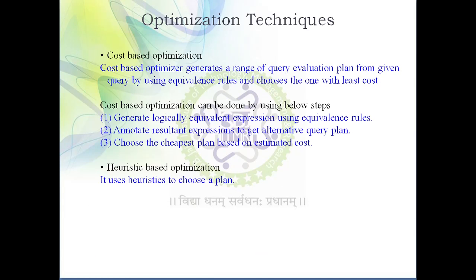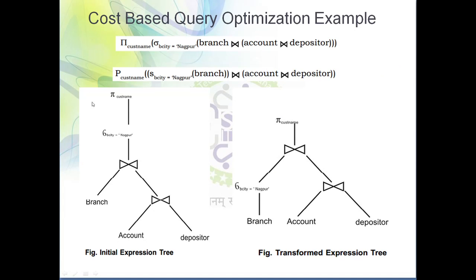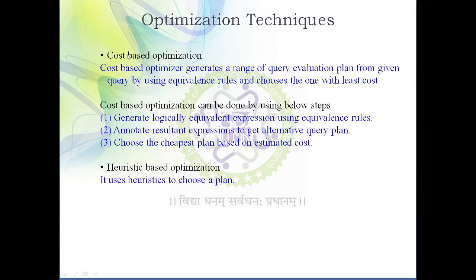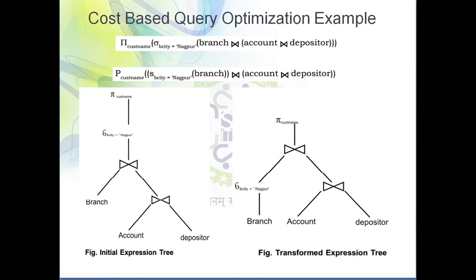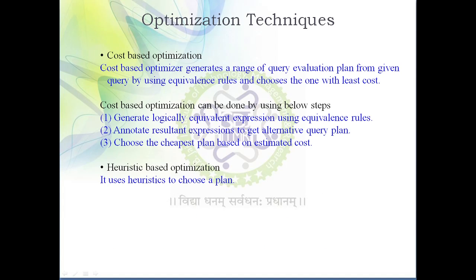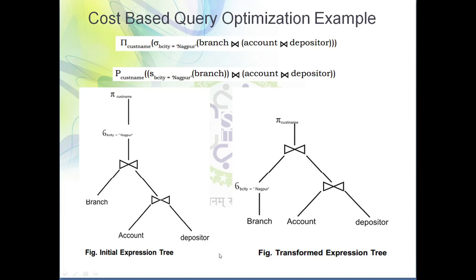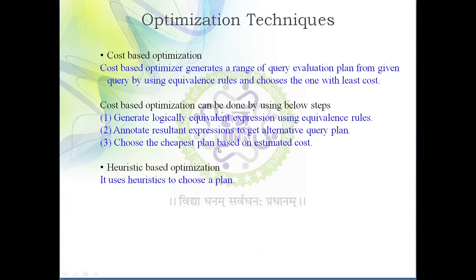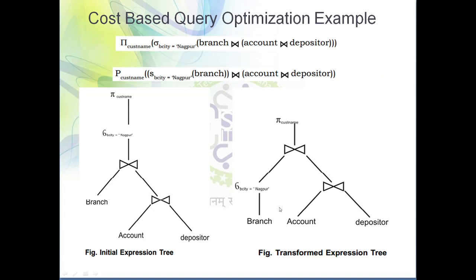So here you can see I have generated two equivalent expressions. This is expression 1 and this is expression 2 by using equivalence rules. Then in step 2, what I need to do is annotate the resultant expression. This is the annotation I have done, and finally choose the cheapest plan based on the estimated cost. So here the cost of query 2 is less as compared to query 1 because the number of rows is less.